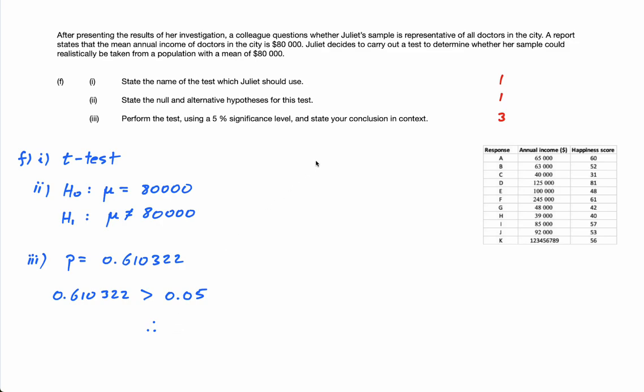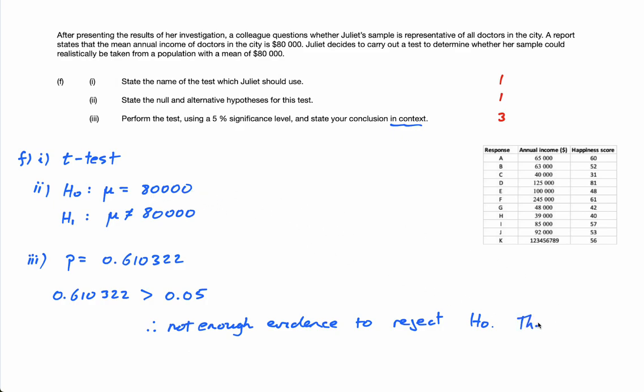and it says state your conclusion in context. So you've got to mention that there's not enough evidence to reject H0. Now, when it says in context, guys, I've got to mention the doctors and the money. So there's not enough evidence to reject H0. So 80,000 is the mean.